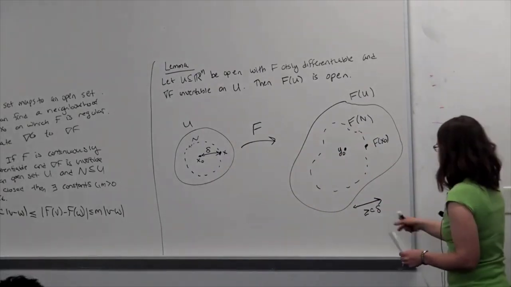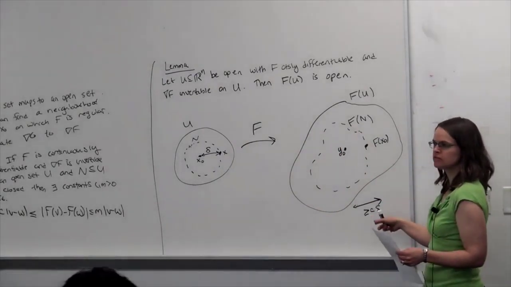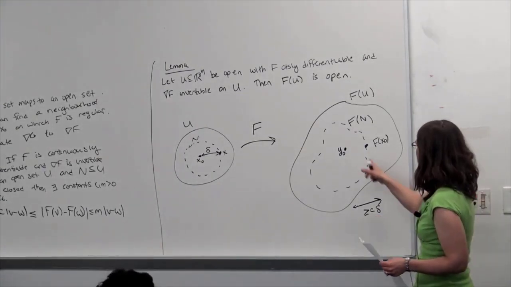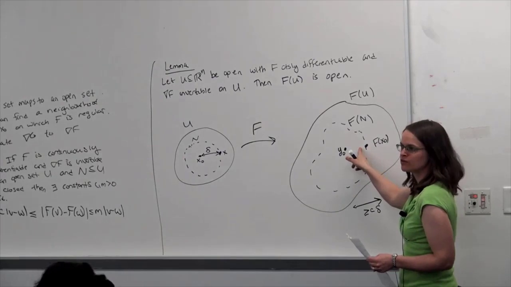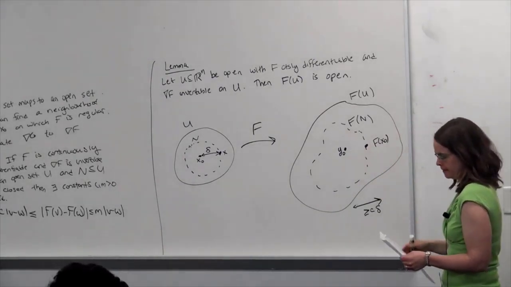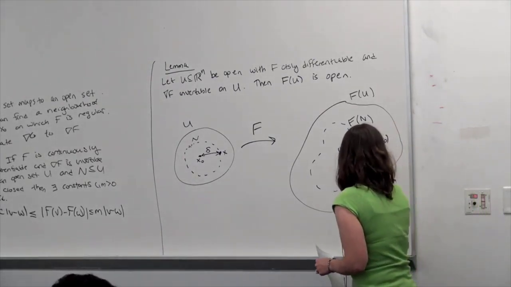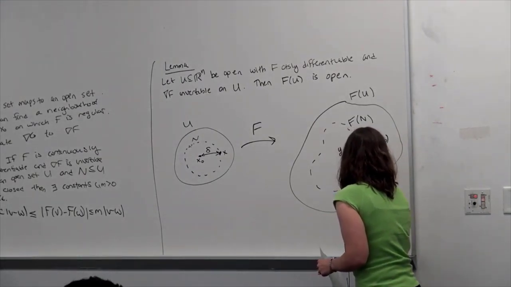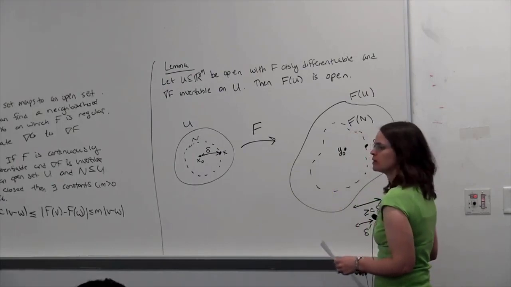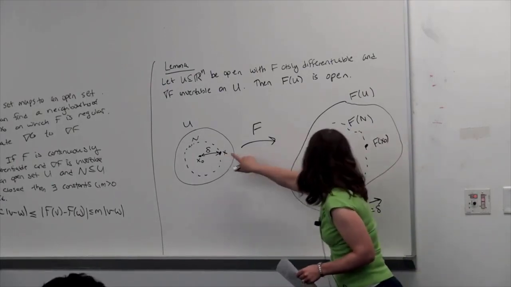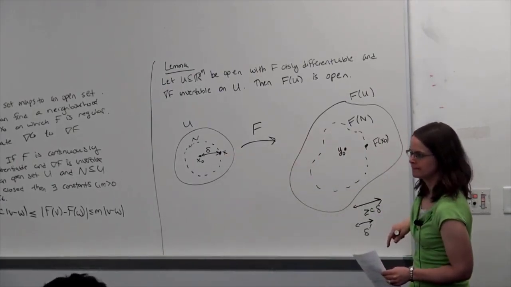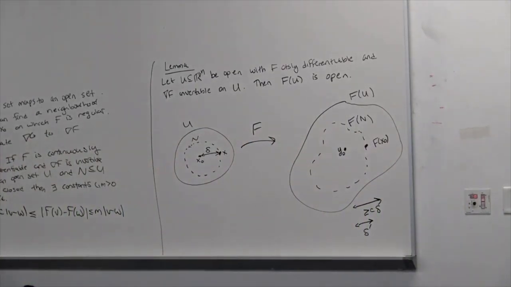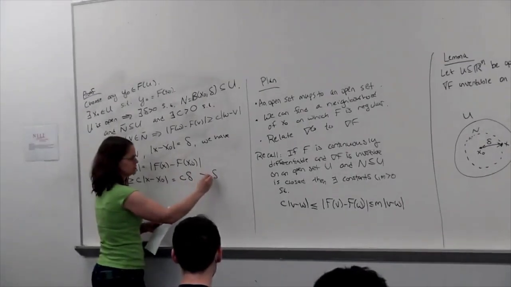So I'm going to just find some new delta prime, say, that's a little bit less than this, such that we're always at least a distance delta prime away. Okay, so let me draw a slightly smaller delta prime. Boundary points are always going to be mapped farther away than delta prime. So we're going to say this is equal to some delta prime.